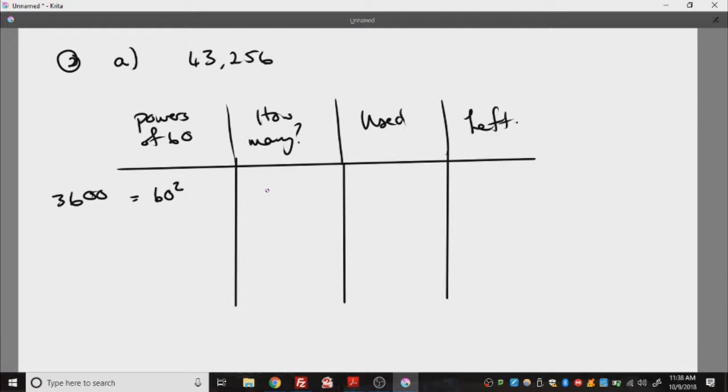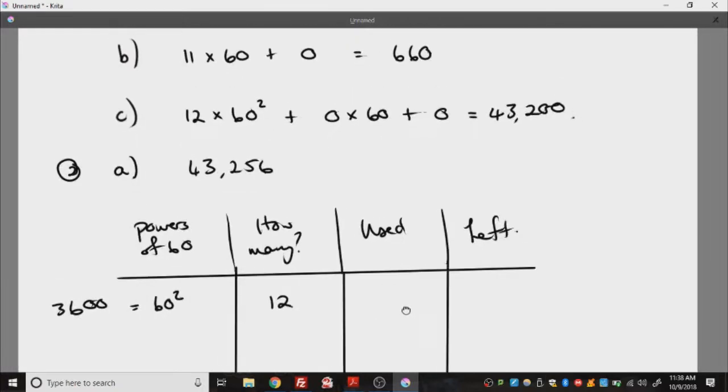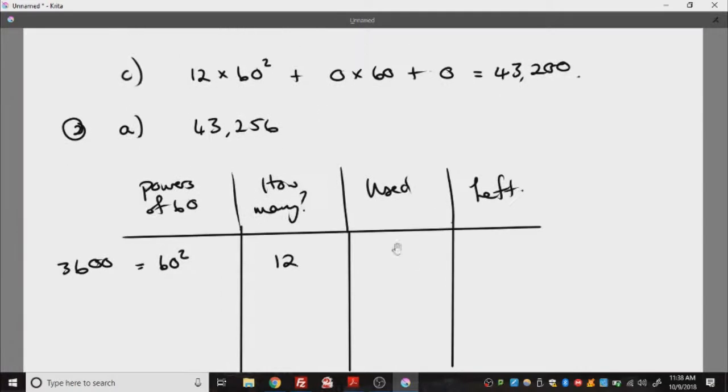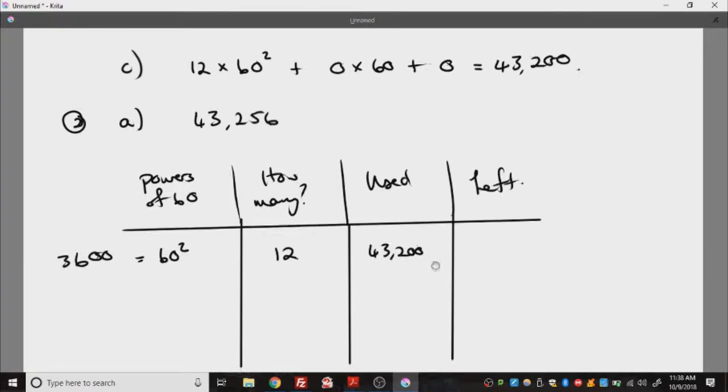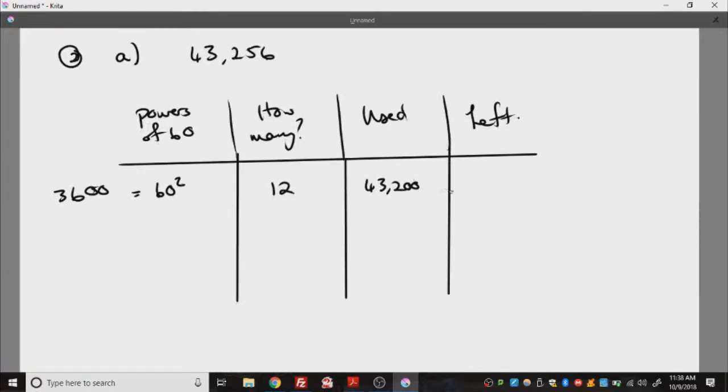So you do a division, you drop the decimals, and we get 12. Then 12 times 3,600 is what I've used. I've used 43,200 because we did it up there. How much do I have left?